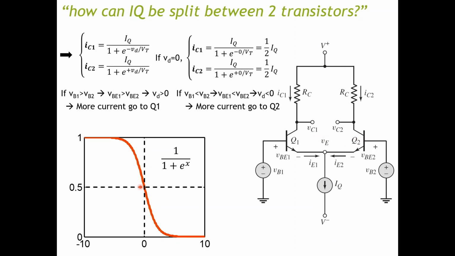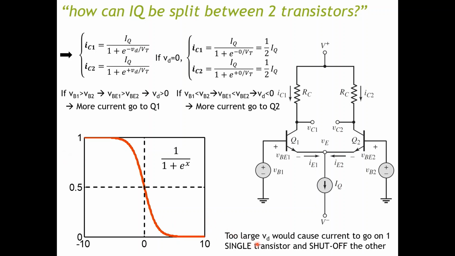However, if VD is too large, on either the positive side or the negative side, so if VD goes over too much on this way or this way, what happens is now your current will only go to one single transistor and turn off the other one.